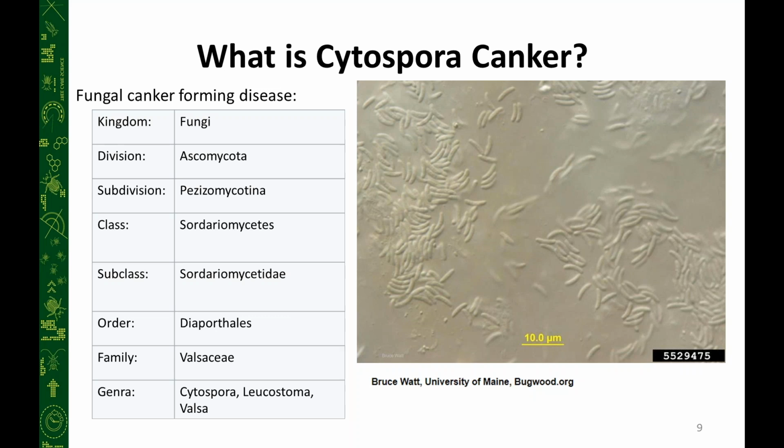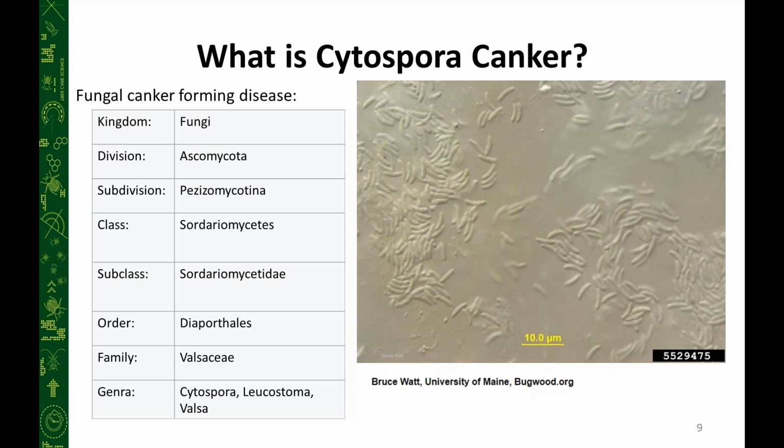It is in the Valsaceae family, and there are several genera of this disease that all go by what we commonly call Cytospora Canker, very much like anthracnose. Anthracnose leaf disease is a combination of several genera, and Cytospora is the same way.